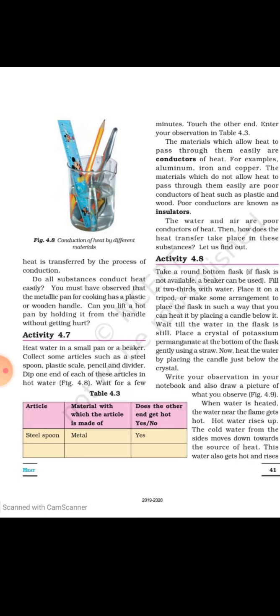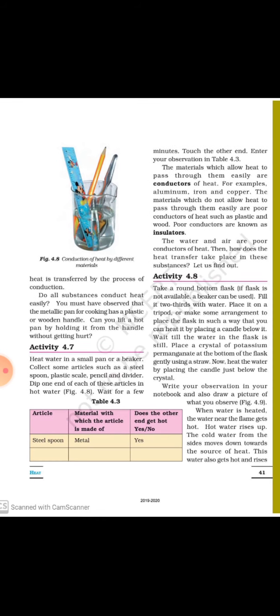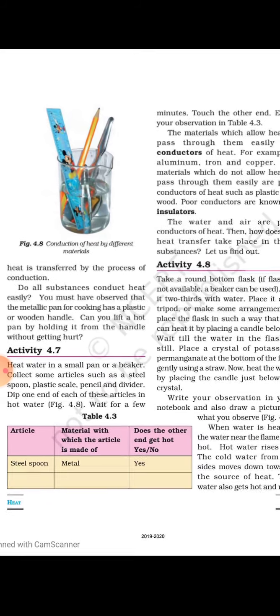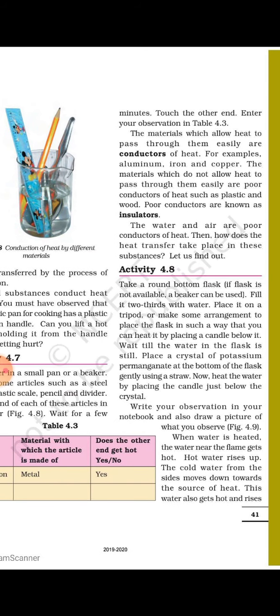Next, see 4.7. In this, we are going to see about conductors and insulators. Conductors means the materials which allow heat to pass through. For example, aluminium, iron, copper. In these materials, if we heat one side, the heat passes from one end to the other end. So these materials we call conductors.